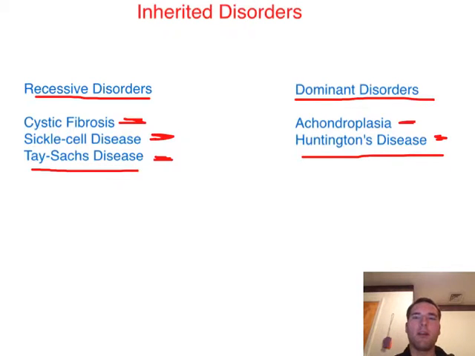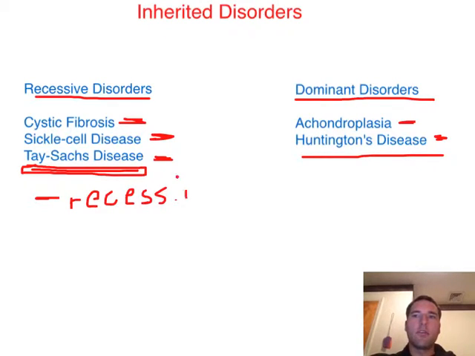Tay-Sachs disease, I'm not going to spend the time to explain this, but I feel it's very important for you to know. If we go back to Tay-Sachs disease, the book describes how it is a recessive disease at the organism level, but if you look at it at the metabolic level, it's actually incomplete dominance.